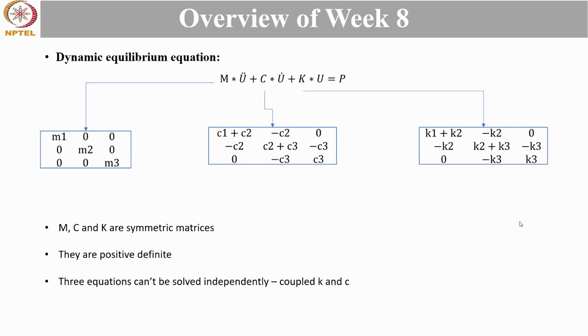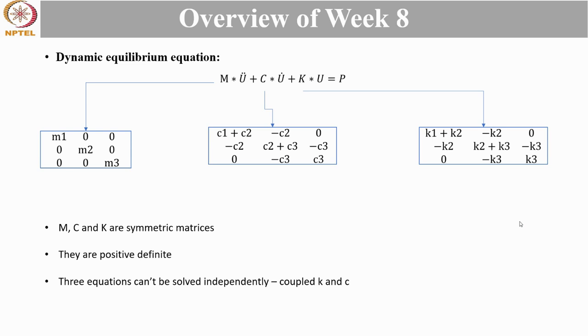And thus for these systems the dynamic equilibrium is written in matrix form as m u double dot plus c u dot plus k u is equal to p, where m is the mass matrix, c is the damping coefficient matrix, and k is the stiffness matrix. Things to observe in these mass, damping, and stiffness matrices are that all three are symmetric, positive definite, and coupled.